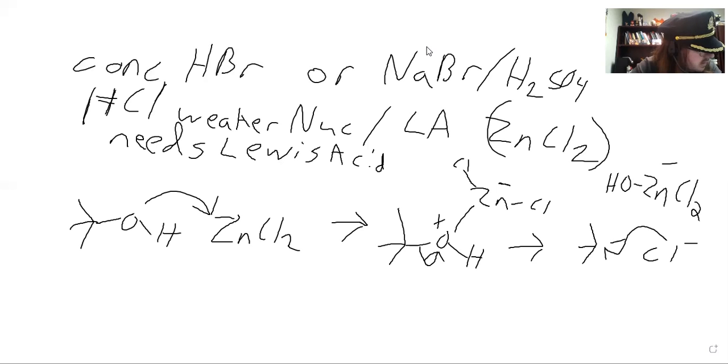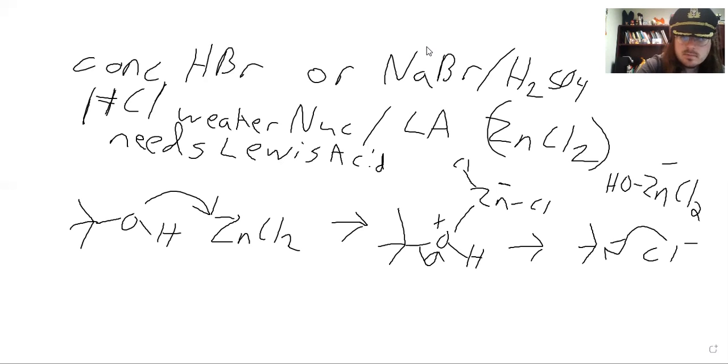Do a similar thing with the secondary. Primary undergoes SN2.